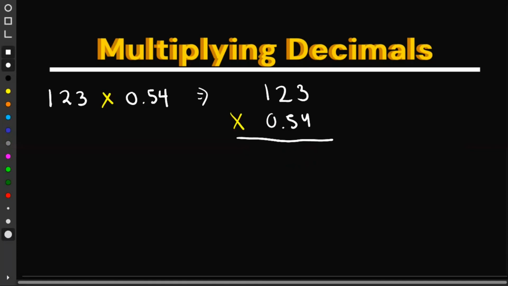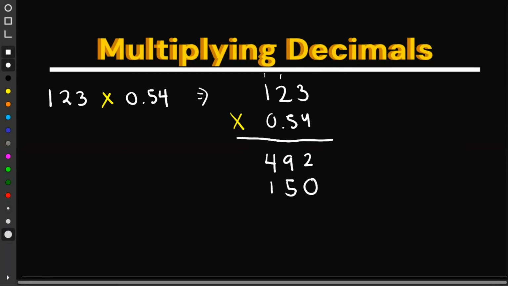So we have 4 times 3 would give us 12. 4 times 2 is 8, plus 1 would give us 9. 4 times 1 would give us 4. Put the 0 out here. Remove the extra numbers out there. 5 times 3 would give us 15. 5 times 2 would give us 10, plus 1 gives us 11.